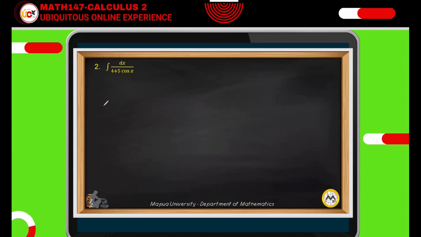This time, we are going to evaluate the integral of the differential of x over 4 plus 5 cosine of x. Again, we are going to use the substitution for cosine of x. Of course, cosine of x is 1 minus u squared over 1 plus u squared.